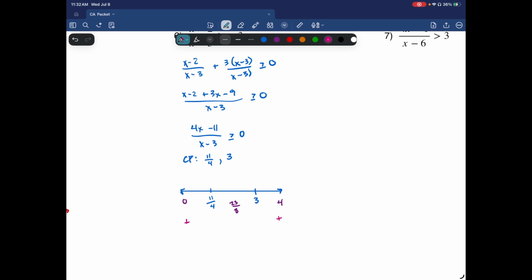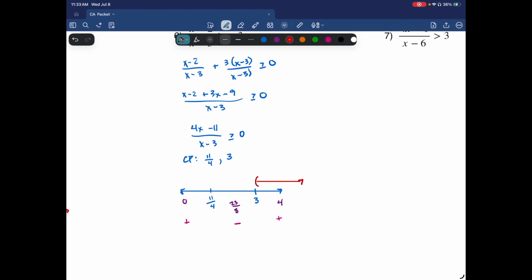If I plug in 23 over 8, that's going to be positive on top, and then negative on the bottom. I know that because 23 over 8 is less than 3, and small minus big is always going to be negative. All right, this is greater than 0. The entire thing is greater than 0. So I want to shade where it's positive.